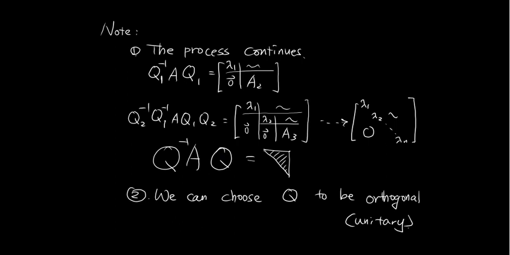That is to say, you can pre-multiply and then post-multiply A by unitary matrices such that it becomes an upper triangular matrix. And this is exactly called the Schur triangulation lemma, meaning every matrix you can use unitary matrices to make it upper triangular.